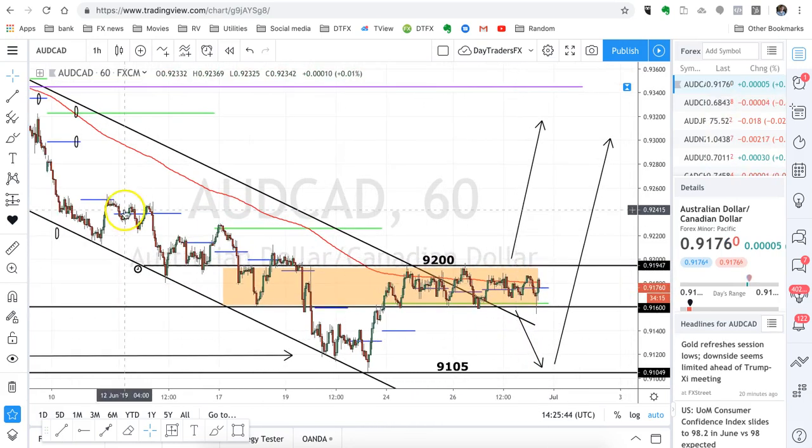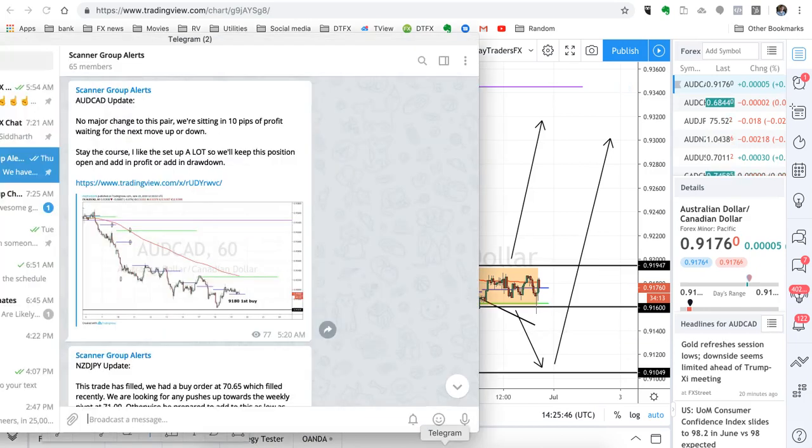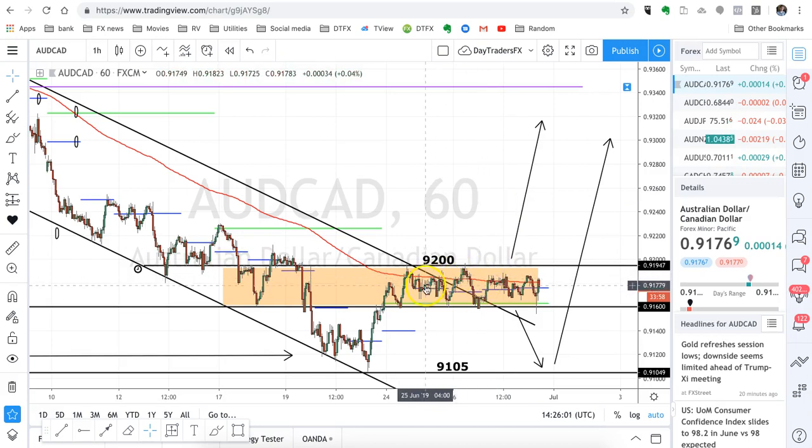We got into this trade initially because we had a nice little bar count on the hourly chart, plus we were coming up against major 10-year support, with lots of great targets. So we thought that sounds like a good opportunity to get into the pair. It's been kind of slow and steady, not doing a whole bunch.